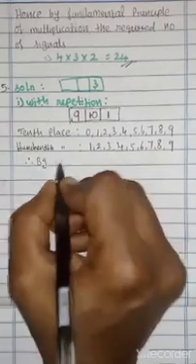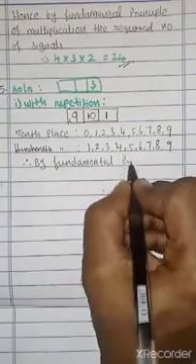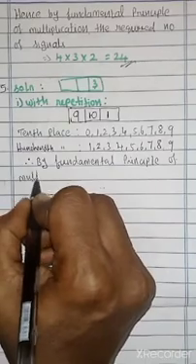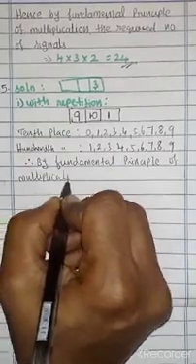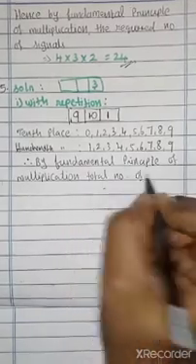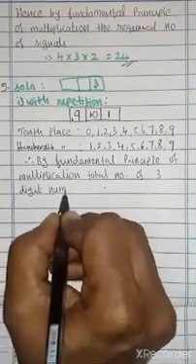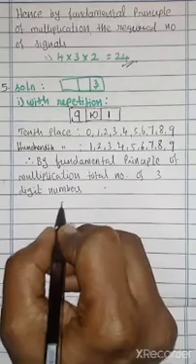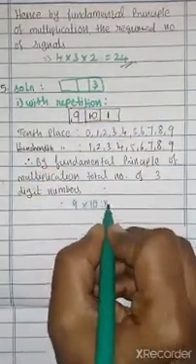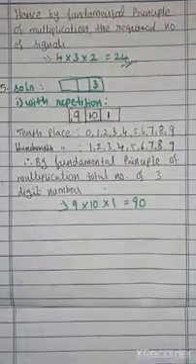Therefore, by fundamental principle of multiplication, total number of 3-digit numbers equal to, so here 9 ways, 10 ways, 1 way, which is equal to 90 is your final answer.